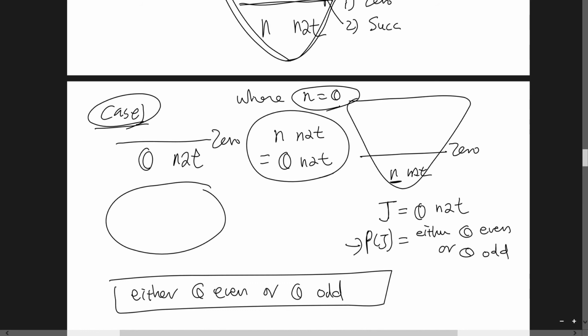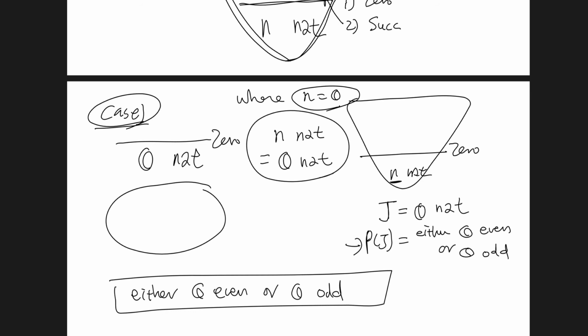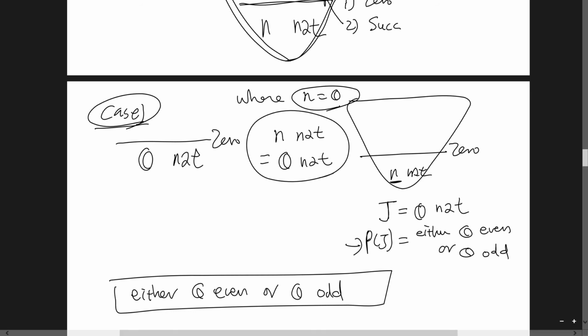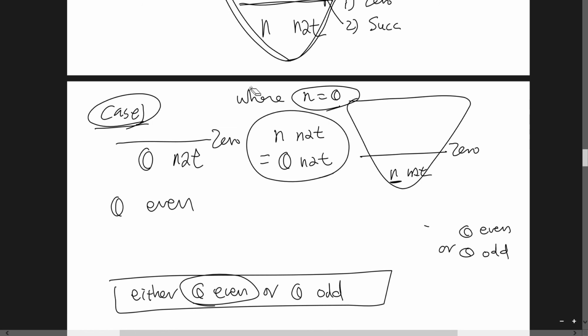odd. And in this particular case, the proof is trivial because 0 is actually even. So we have a proof that 0 is even. So remember that the way that we present this formal proof is place the conclusion on the left side and then place the justification on the right side.